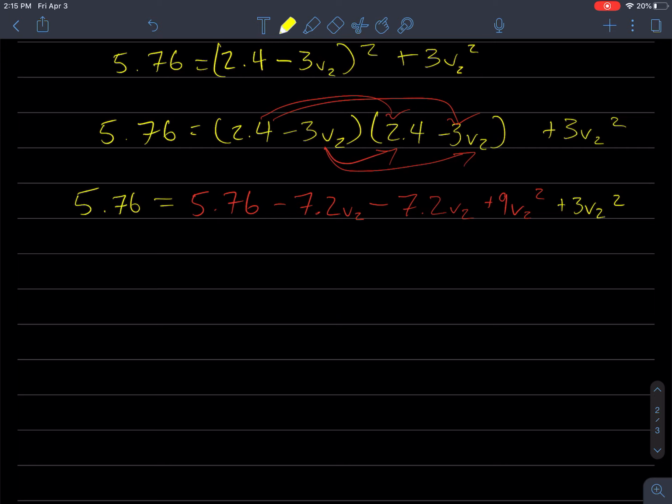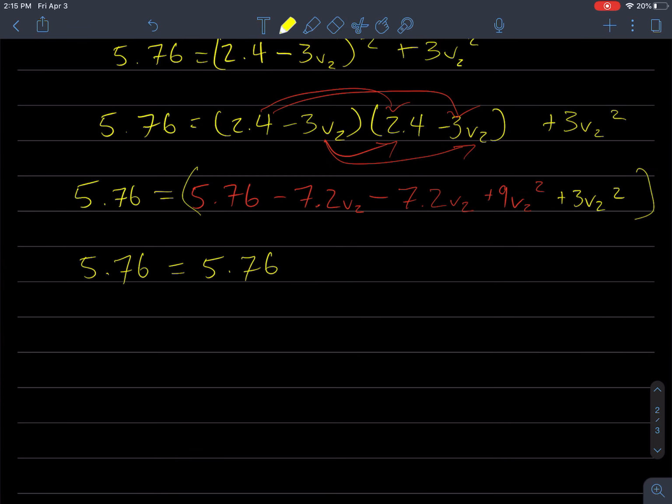Okay, so now we can simplify kind of all the stuff that's in here, right? Because right now it just still looks like a big mess. We got 5.76 still on this side, 5.76, nothing to kind of simplify there. Negative 7.2 v2 minus 7.2 v2, right? We can combine those.